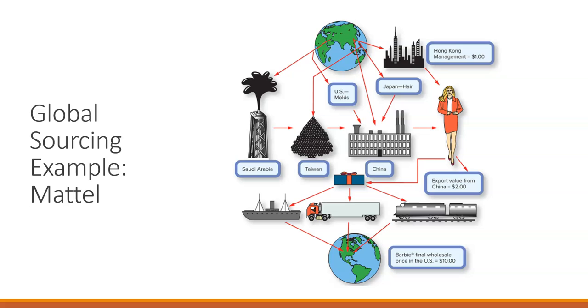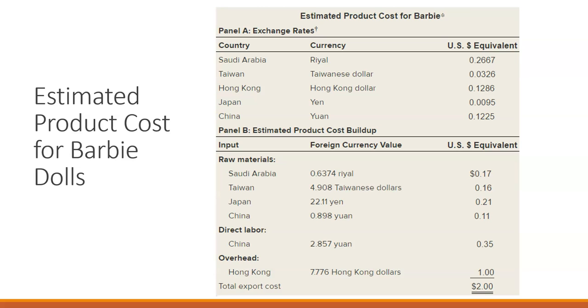We're looking at Mattel Barbie, and we get parts. We have molds in the US, we get hair from Japan, we have oil from Saudi Arabia, we have parts from Taiwan, we bring things over from China, we have train, semi, ships, transactions.